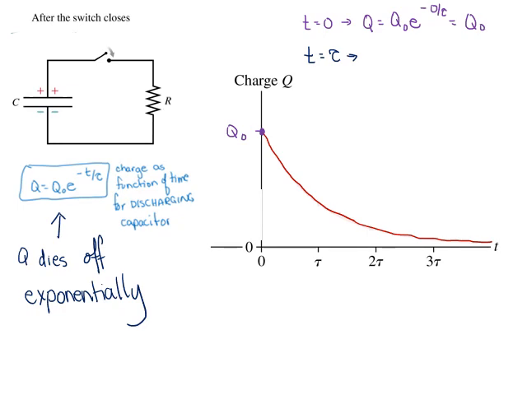Then Q is equal to Q0 e to the minus tau over tau, or Q0 e to the minus 1. E is just a number you can put in your calculator. E to the minus 1 is about equal to 0.37. So at t equals tau, our charge Q is about 37% of our initial charge. So it starts to die off pretty quickly.